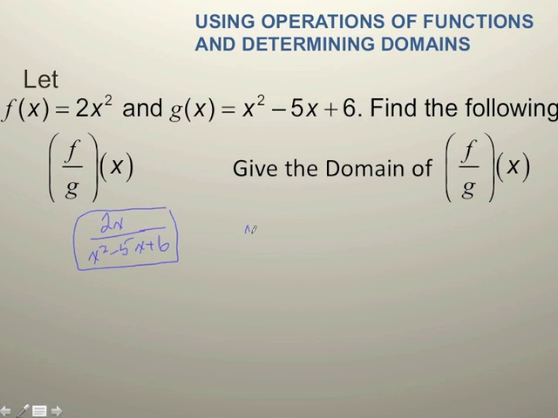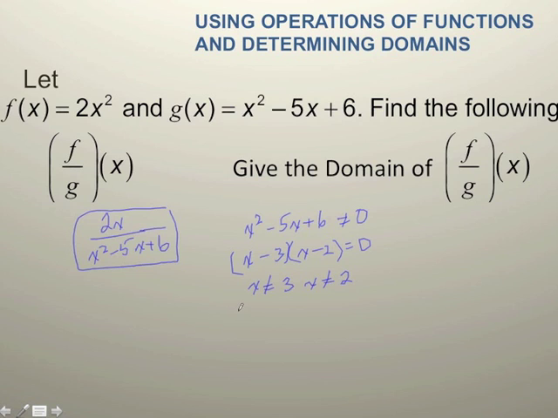Well, basically, x squared minus 5x plus 6 cannot equal 0. So if I factor that and solve it, x minus 3 and x minus 2 would equal 0, x would equal 3, and x would equal 2, but these cannot be the denominator's value of 0, so we cannot have those values.